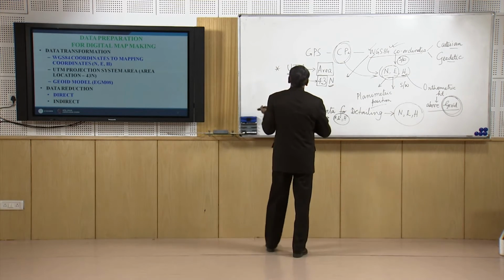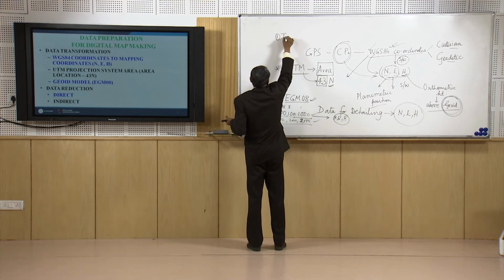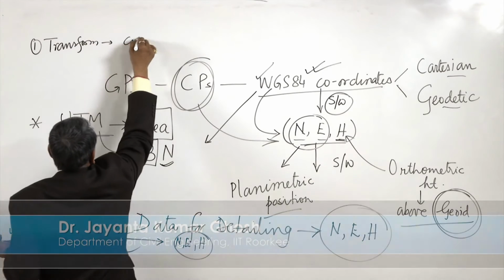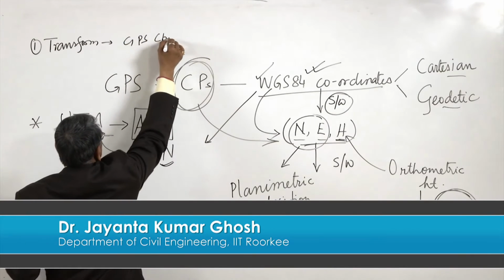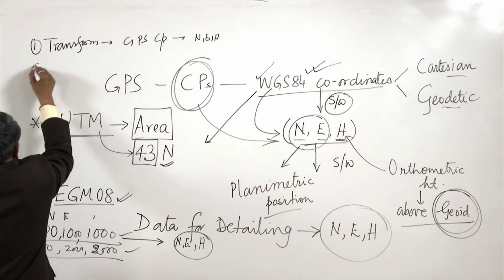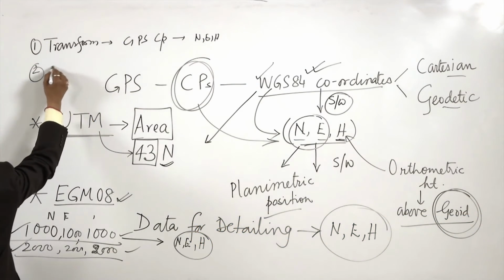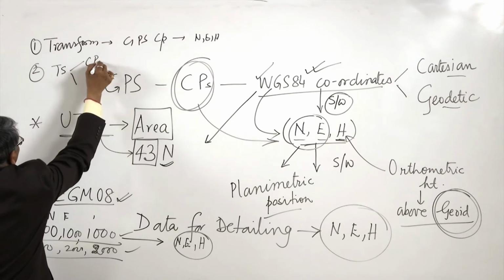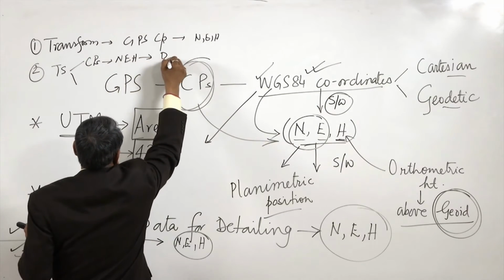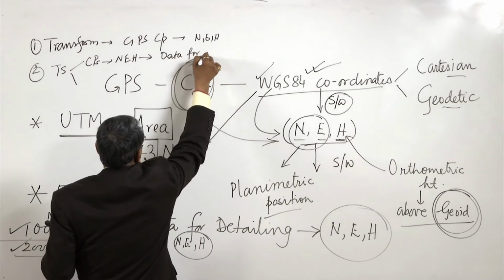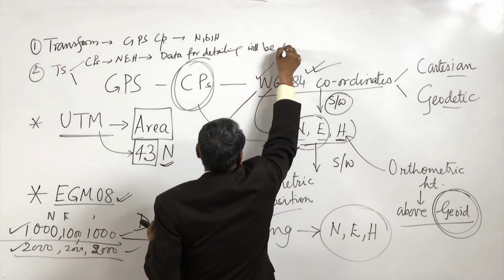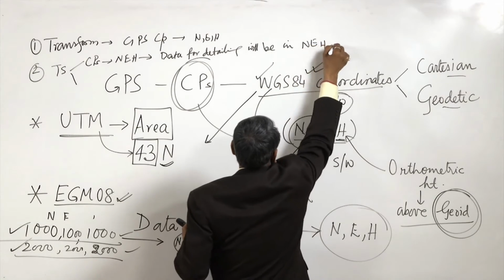So in that way, first we should transform the GPS control point data to northeast height. Now, either we get it in the total station for control points: if we provide northeast height, then we will get the data for detailing directly in northeast height.